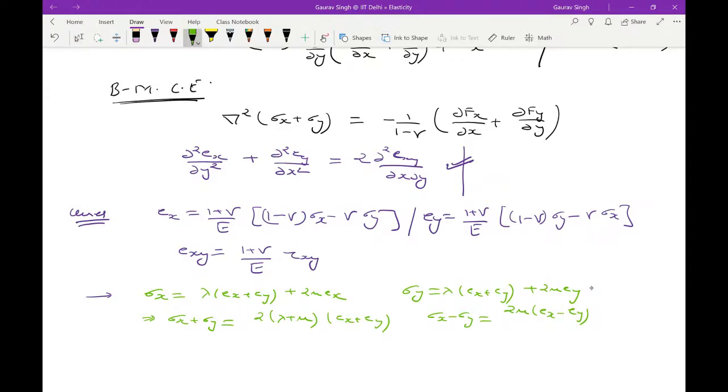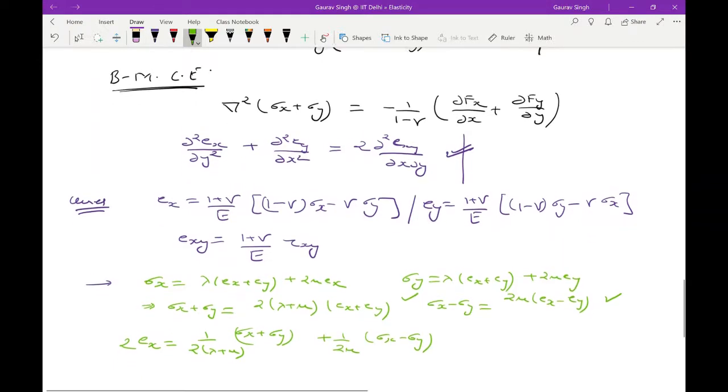Now if you solve this and this for Ex and Ey, one should get Ex is equal to 1 by 2 times lambda plus mu into sigma x plus sigma y, plus 1 by 2 mu sigma x minus sigma y.